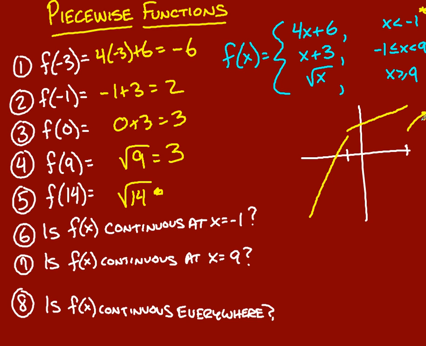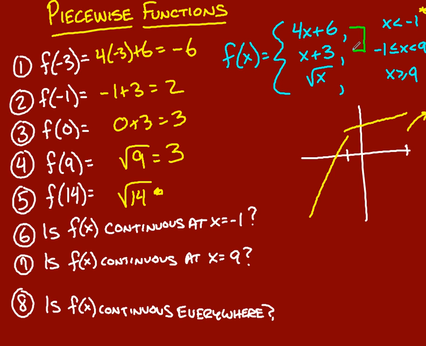Now, for it to be continuous, what that means is, do these points actually match up, either at this point or that point, or maybe at both points? That's what we need to figure out, and here's how we do that. For it to be continuous at -1, here's where the breakpoint of -1 occurs, between these two functions. So I'm going to plug in -1 into both of those functions.